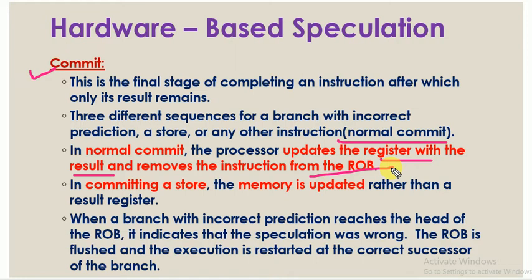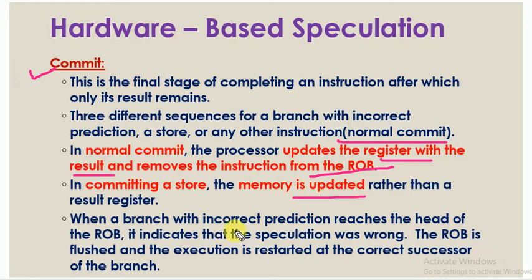We need to make it free. In committing a store, the memory is updated. Similarly, the memory is updated during the final commit operation rather than a result register. So for a store operation, it is always updating the memory.